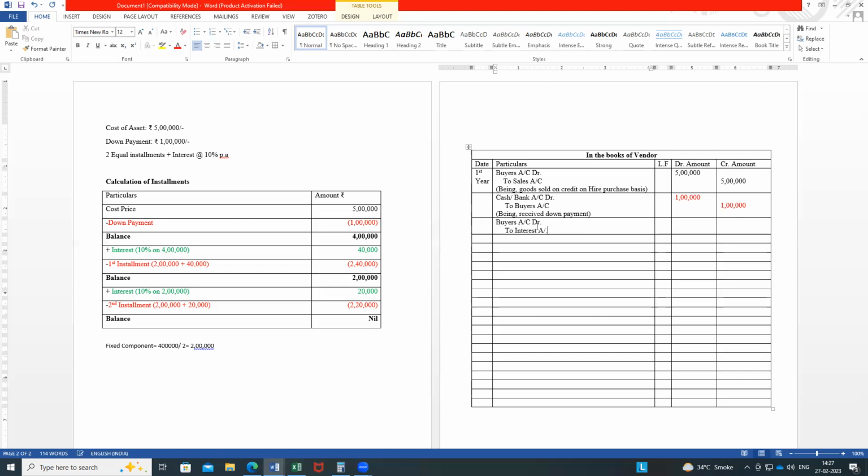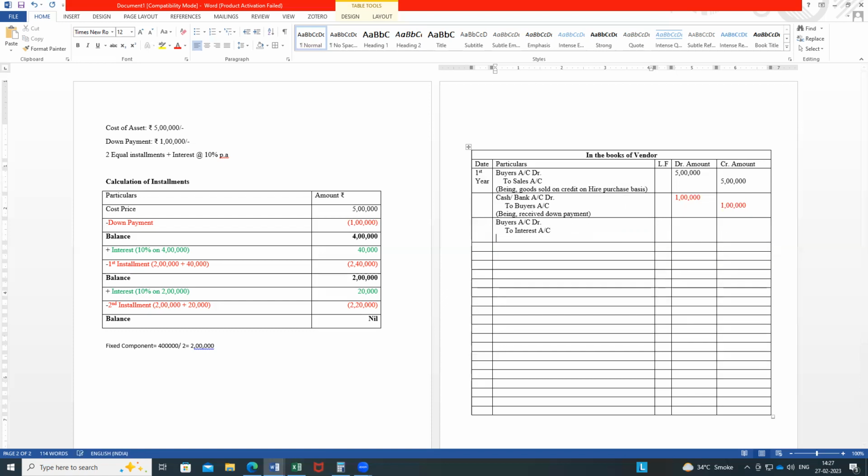The interest is at the credit side with a very basic reason, because interest is an income for me, that is vendor. Vendor के लिए ये income है, उसके लिए interest जो है as per nominal account का rule, interest will come at the credit side because credit the income or gain. Okay, and this interest is still with buyer. Buyer ने अभी तक दिया नहीं है. This is just an entry for recording the interest charged.